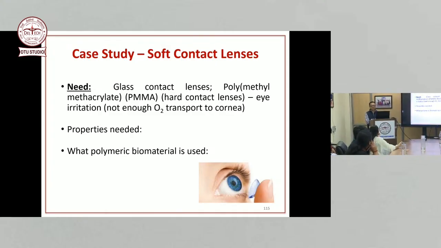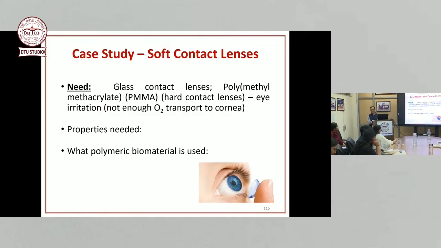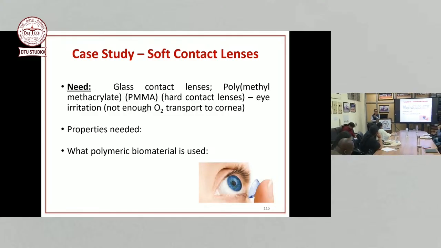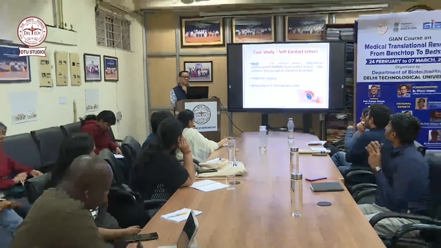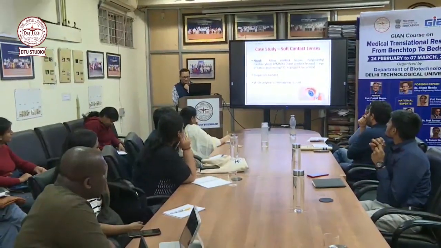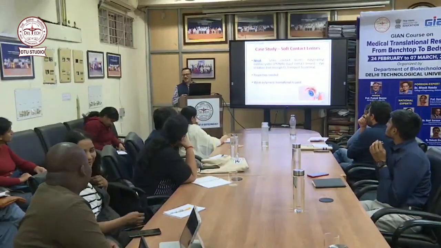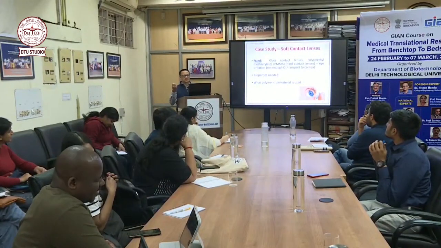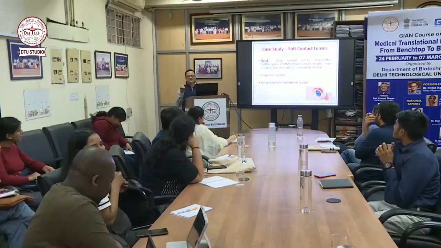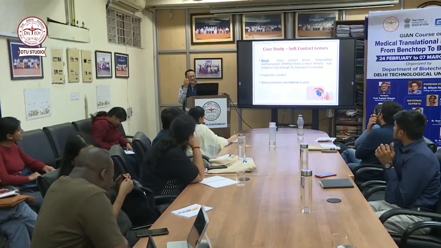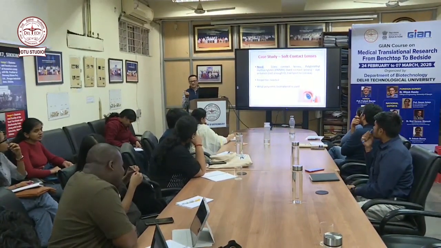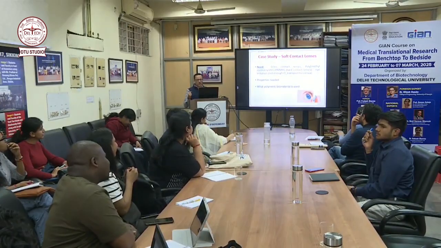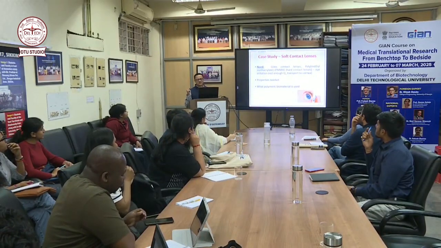It should not get infected easily. Sure, yeah. Flexible, resistant. Biocompatible, perfect. Okay, so yes, it should be flexible and it should be water loving, because if it's very hydrophobic, that will be very irritating to the eye, right? Okay, what is a polymeric biomaterial used?